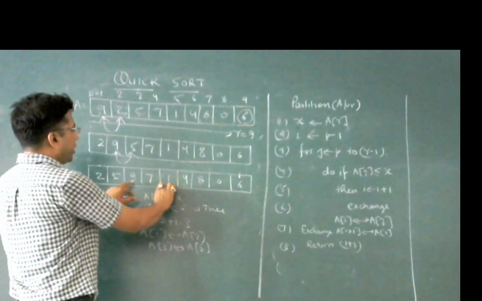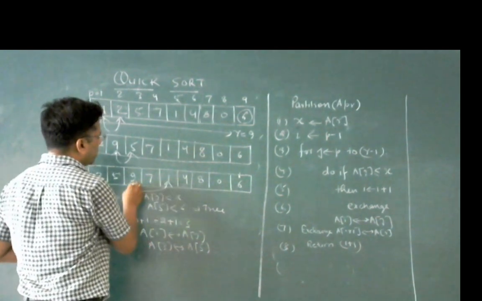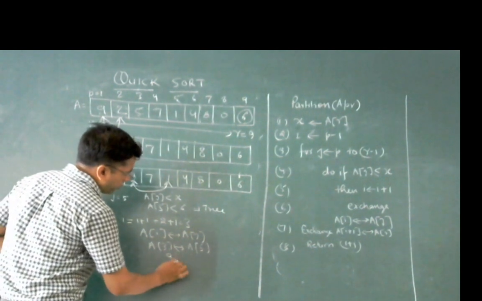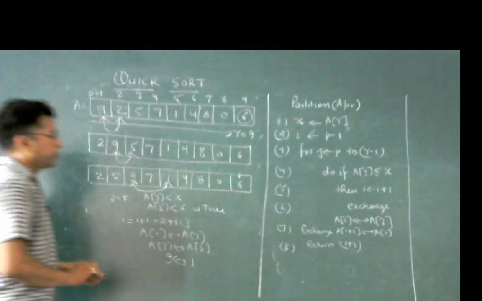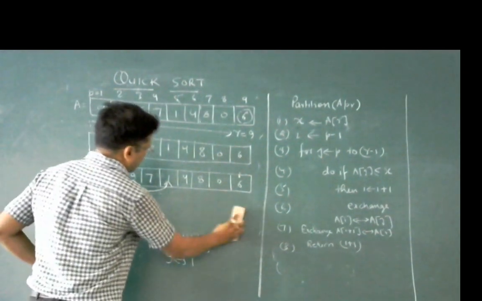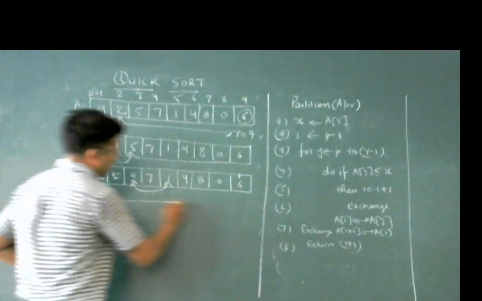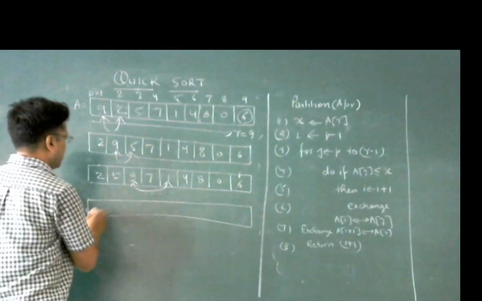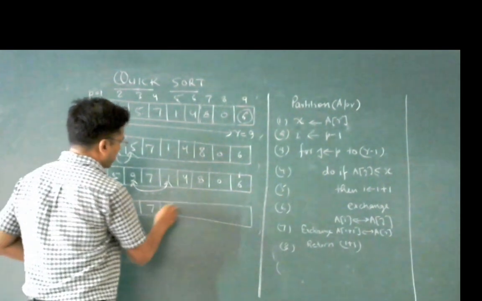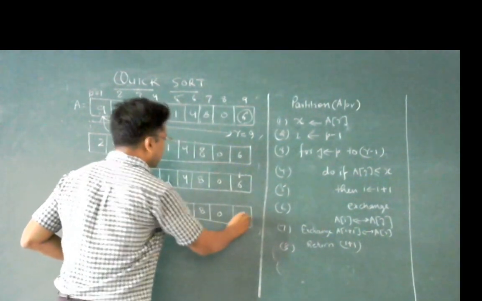It means the third element will be swapped with the fifth element. These two elements will be swapped. So 9 will be swapped with 1. After this swapping, 2 5 1 7 9 4 8 0 6.